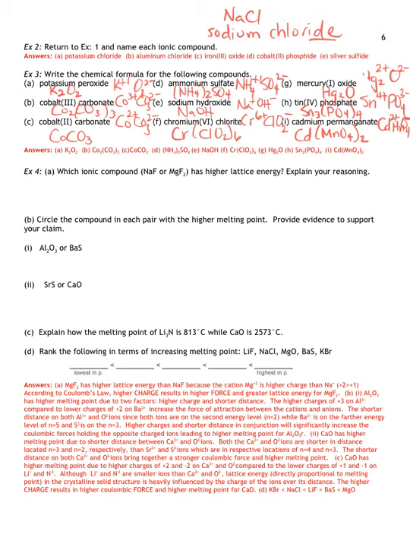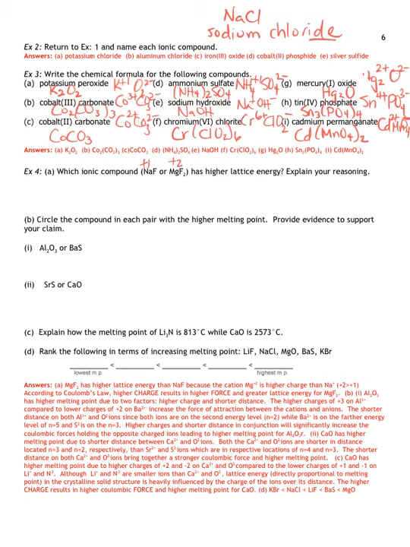Okay, let's hop over to example 4. Which ionic compound, sodium fluoride or magnesium fluoride, has a higher lattice energy? Explain your reasoning. The explanation part, I'll verbally explain it. Now, look at the periodic table and find sodium and find magnesium. You'll notice that sodium has a charge of +1 and magnesium has a charge of +2.